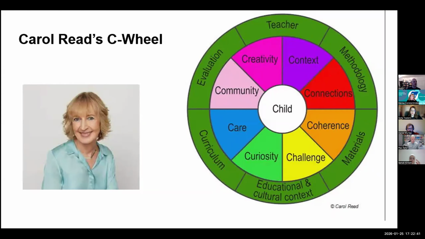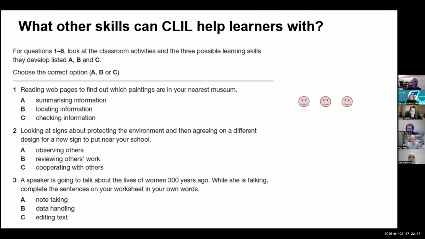Okay, so let's come back a little bit to the TKT CLIL that we mentioned. Just to see what you've taken away, here are a few other questions I'm sure you'll be able to do and pass with flying colours. What do we think? A, B, or C?